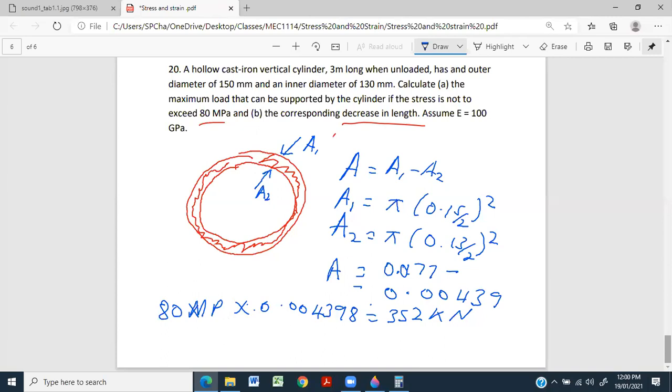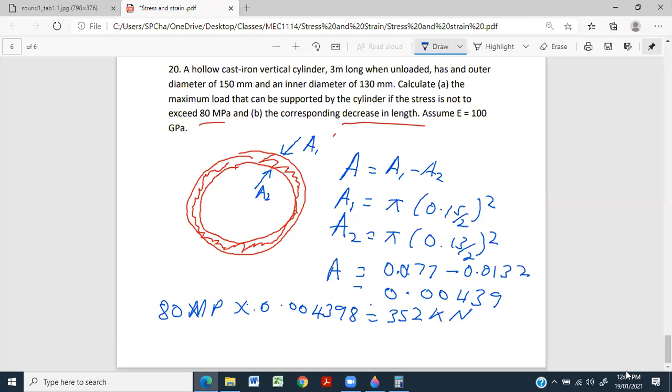Pi times open bracket... Yeah, this here is 0.0132.